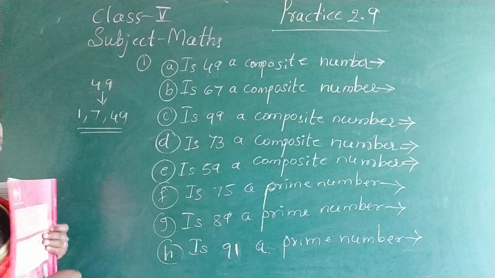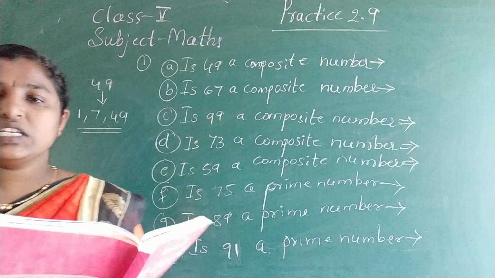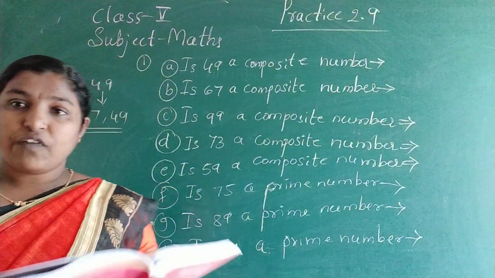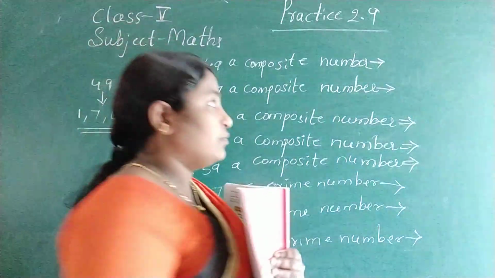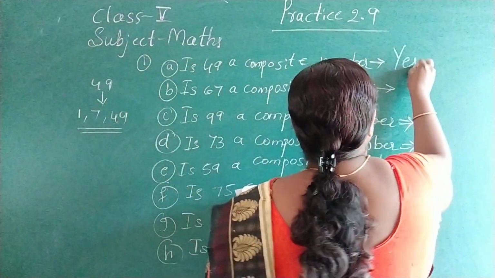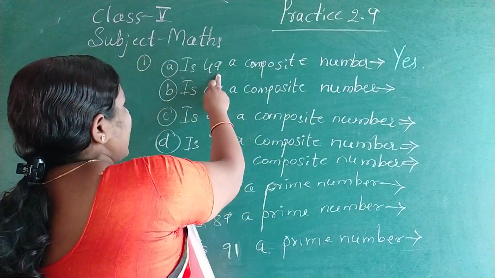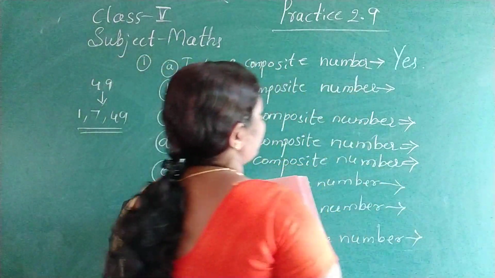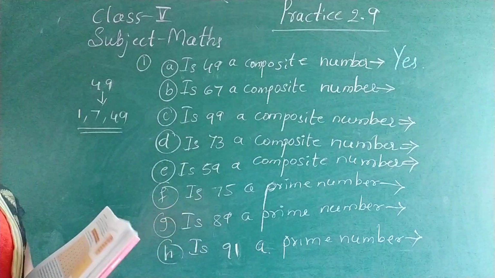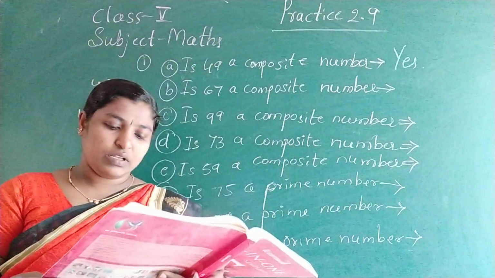So this is a composite number because it has more than 2 factors. So the answer is yes. 49 is a composite number.